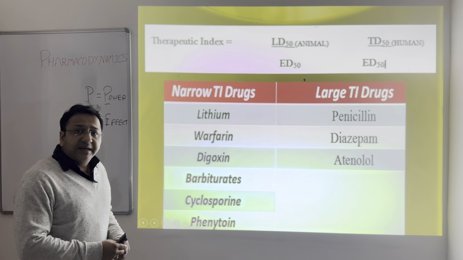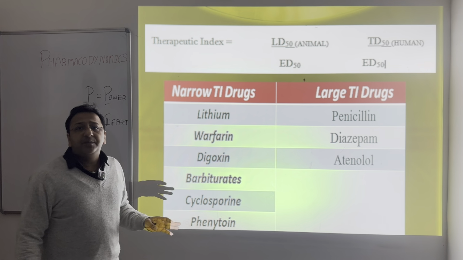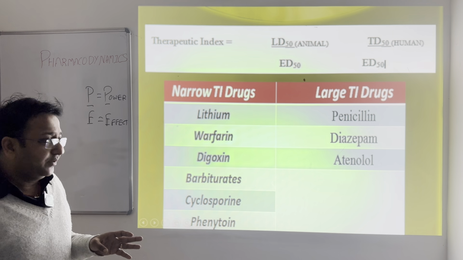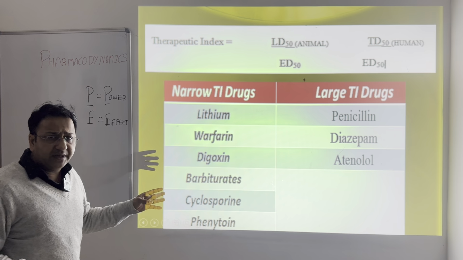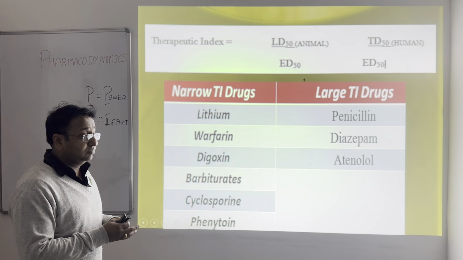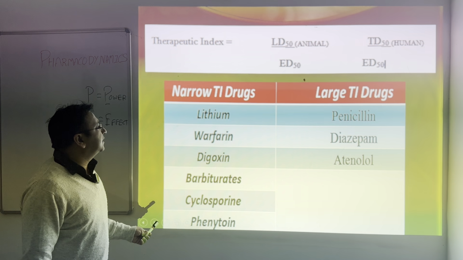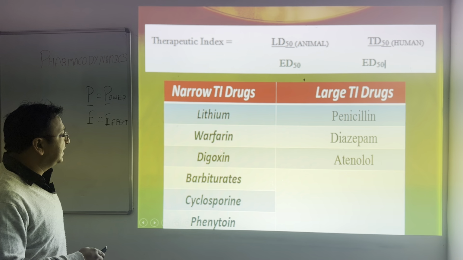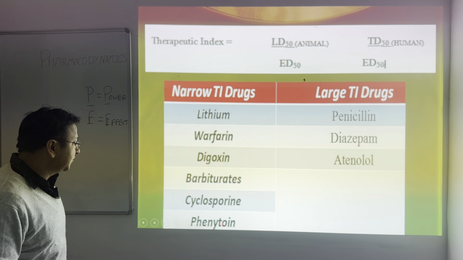Narrow therapeutic index drugs are important to remember, because these are the drugs which will require plasma level monitoring. Slight increase in the dose will cause the adverse effect in the patient. So remember some important narrow therapeutic index drugs: lithium, warfarin, digoxin, barbiturates, cyclosporin, phenytoin.